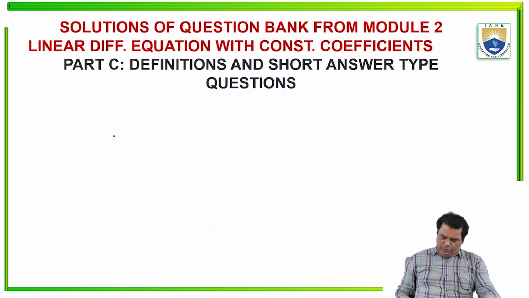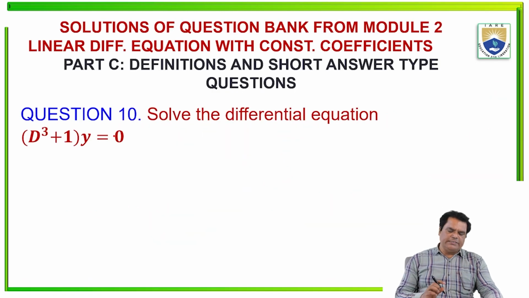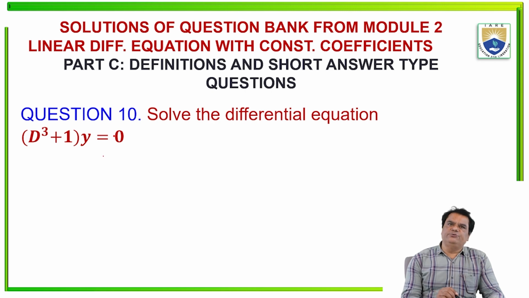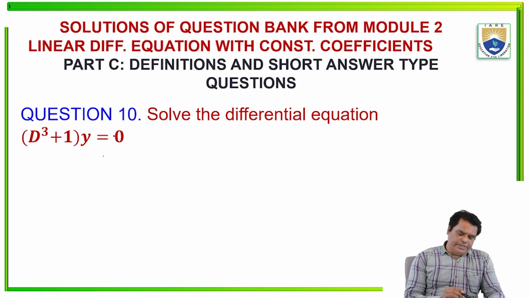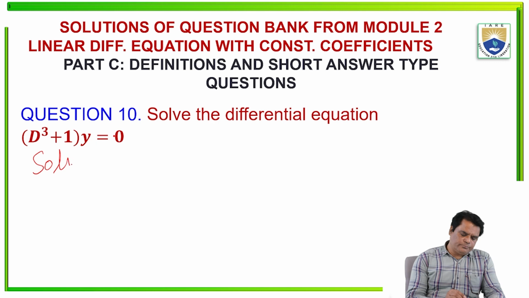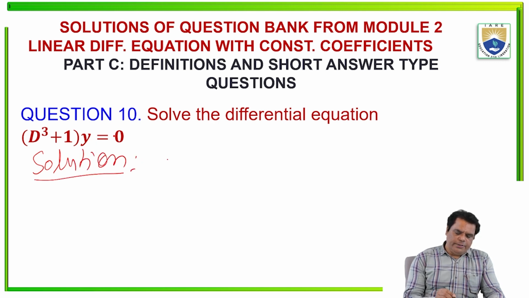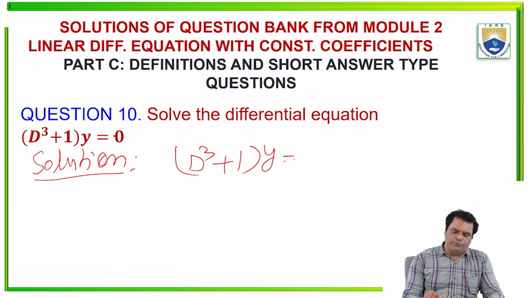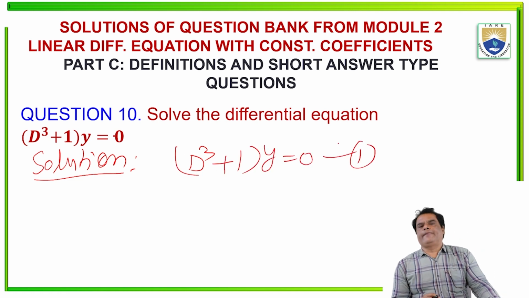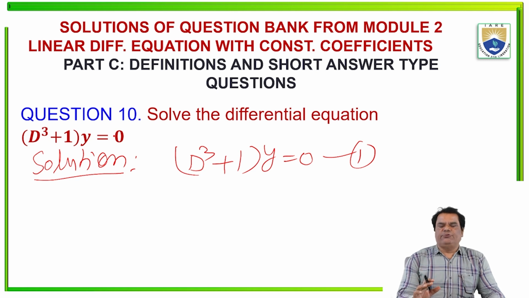Next question, the last question, is solving a differential equation. So here the solution: D cube plus 1 into y equal to 0. This is question 1. This is a differential equation of third order and 1 degree with constant coefficient.